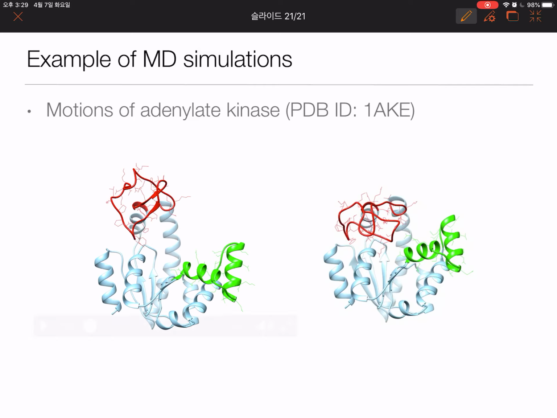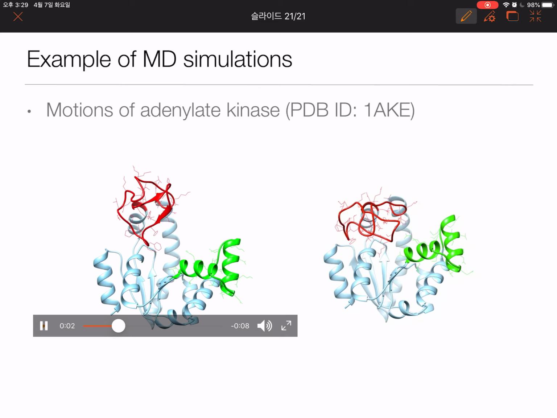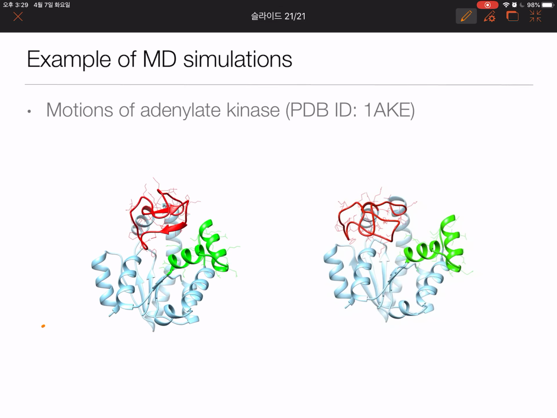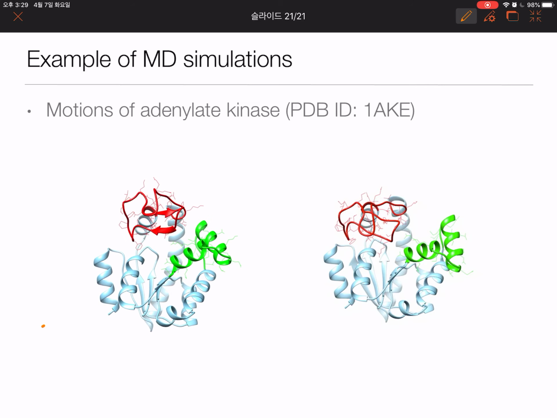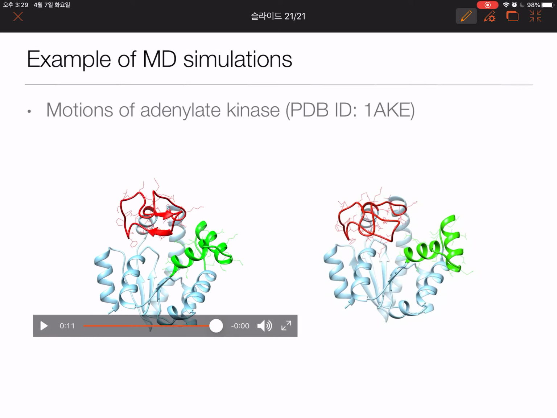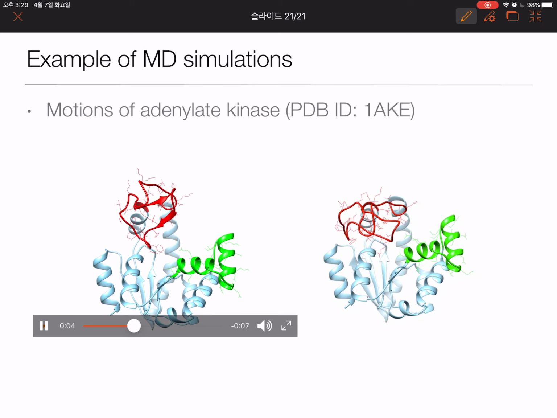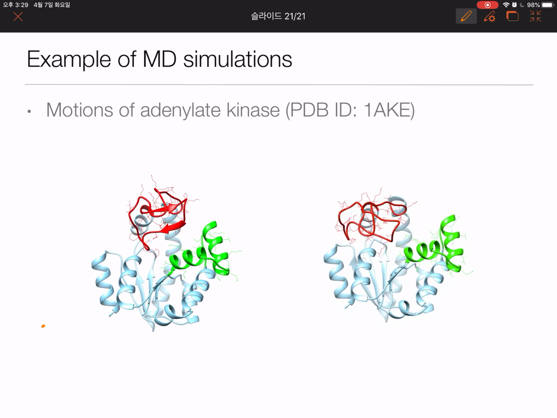I'll show you some examples. This is a simulation that was run by myself. Here is the MD simulation of a protein called adenylate kinase. Adenylate kinase mediates the chemical reaction between ADP and ATP.